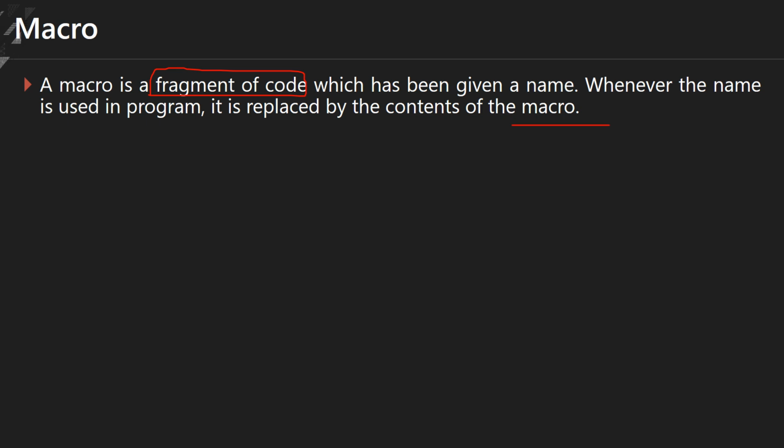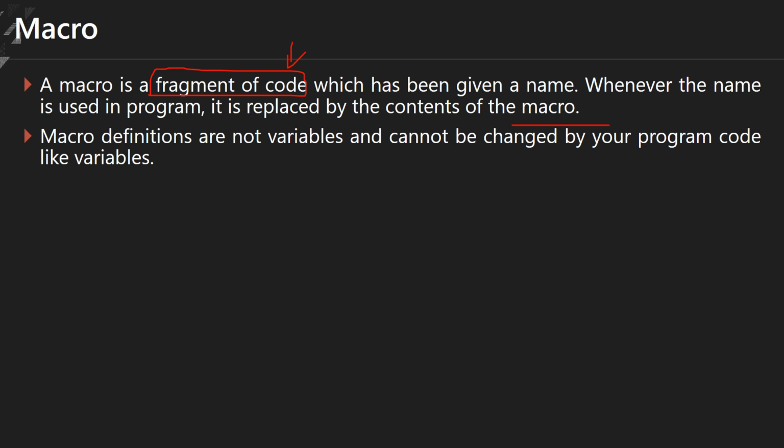So instead, you write a fragment of code, keep it somewhere, or use it at the beginning itself, and give it a macro name. Whenever you want, use that macro name and it will replace the entire content of the macro.